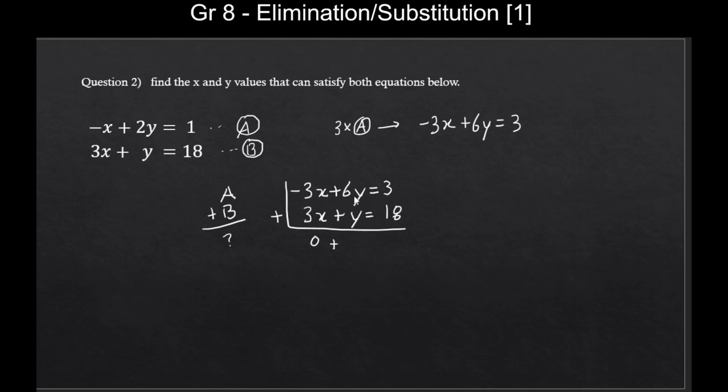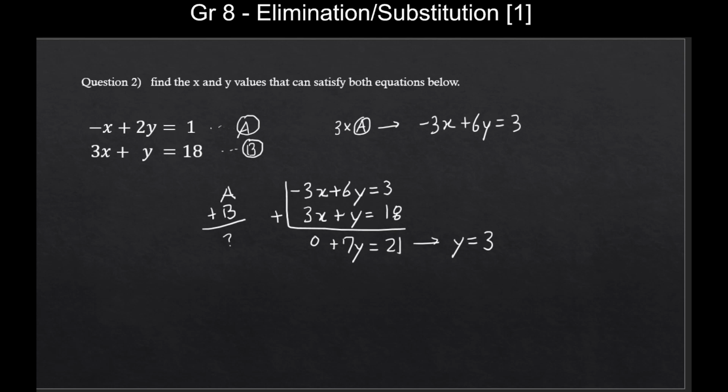So this time it's gonna be 6y plus y, which is 7y, and 3 plus 18 is 21. This means probably our y value is 3. You can tell, right?